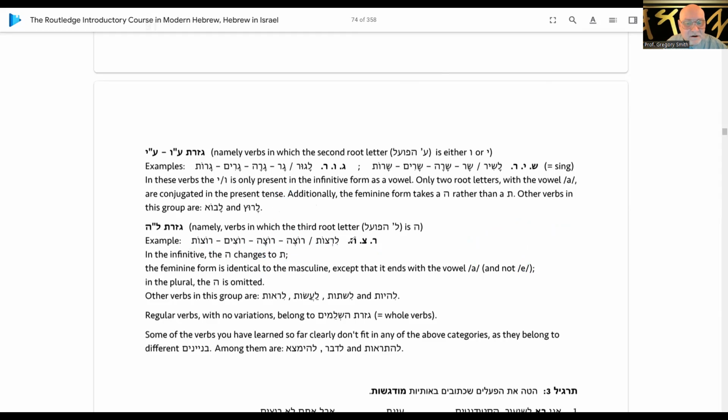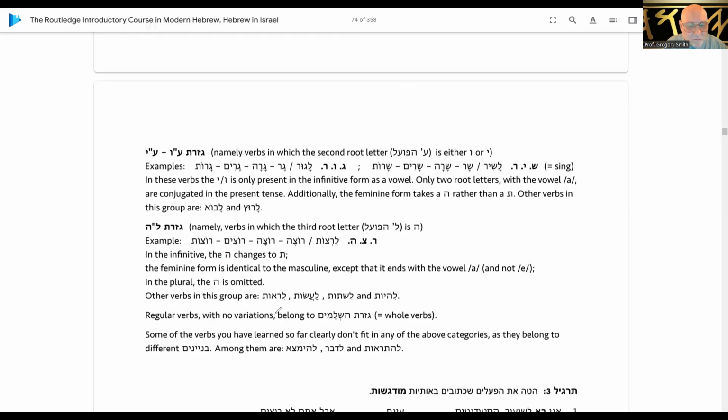Notice this hey right here, it changes to yod mem sofit, which is the standard masculine or mixed plural, and then cholem tav, which is feminine plural here, but in the infinitive form, the hey changes to a tav. Okay, so the feminine form is identical to the masculine, except that it ends with the vowel A. Okay, we already did that. In the plural, the hey is omitted.